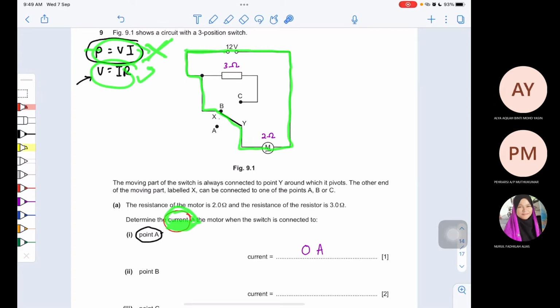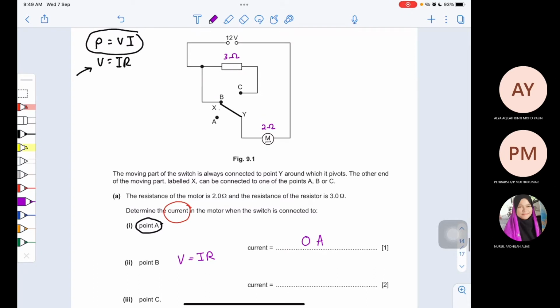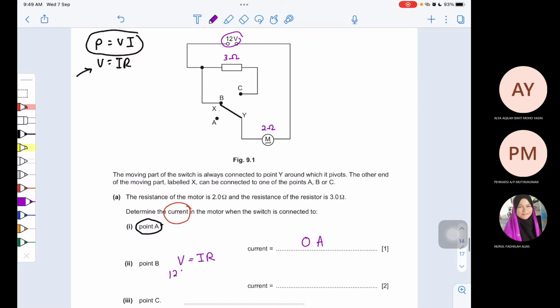Okay. Now you write formula. So V equals to IR. Do you know the voltage? Okay. The voltage given as 12 volt. Current. That is what we want. And do you know the resistance in the circuit? So sekarang ni sebabkan dia lalu point B sahaja.